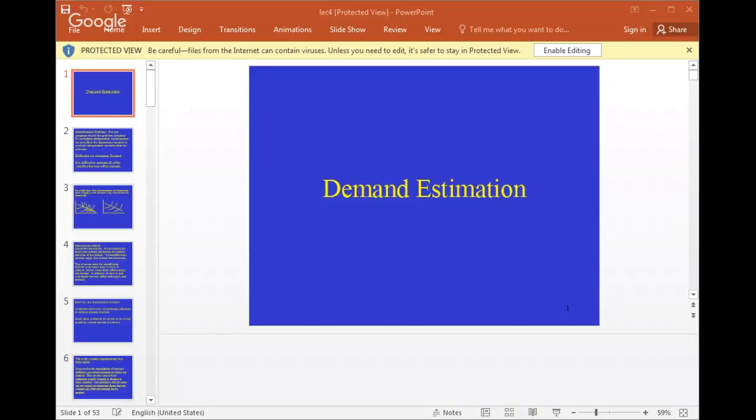PX is just the price of X, its own price, and PY is the price of another product, Y. In this case the coefficient is positive, so is this a substitute or a complement? Substitute. If the price of Y increases by $1, the demand for X increases by 1.6.